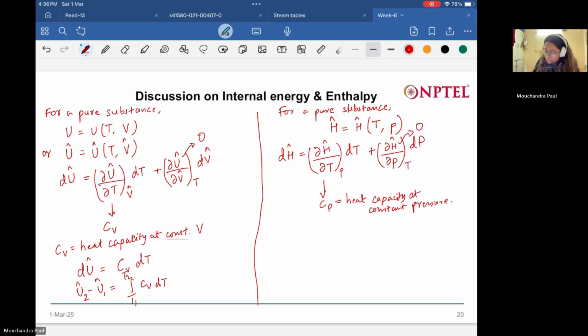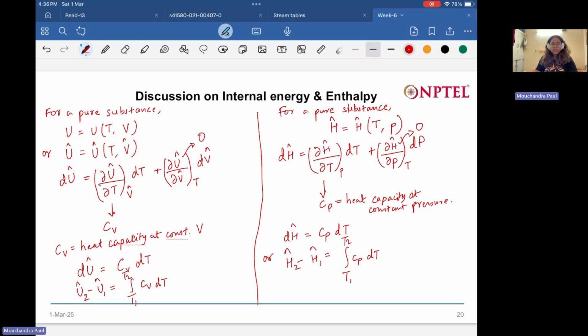So change in enthalpy becomes Cp dT, or if you take the integral on both sides, it becomes final minus initial states of enthalpy, integral T1 to T2 of Cp dT.